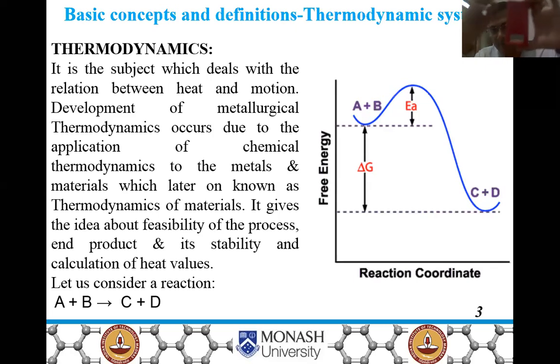So if the center of mass is here, when it moves from here to the final state, in the intermediate state the center of mass will be higher than the initial center of mass. So we can say that extra energy, activation energy, is required for this reaction A plus B to form C plus D.